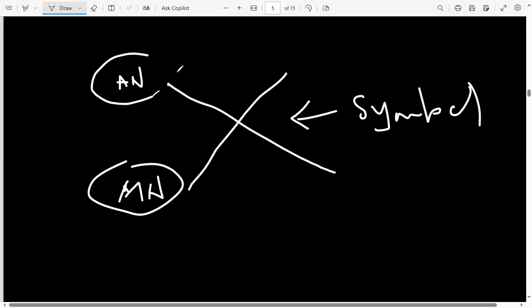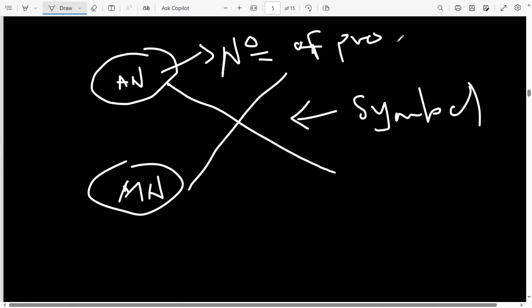The number on top there is the atomic number. The atomic number is simply the number of protons in that element or in that atom. And this mass number here is the number of protons plus the neutrons.